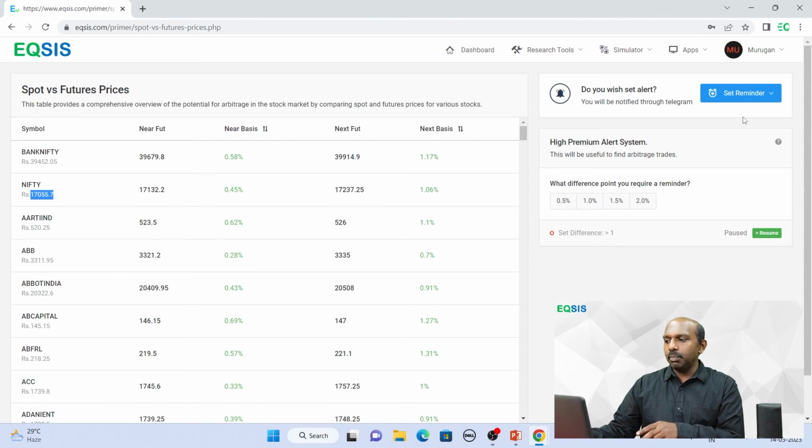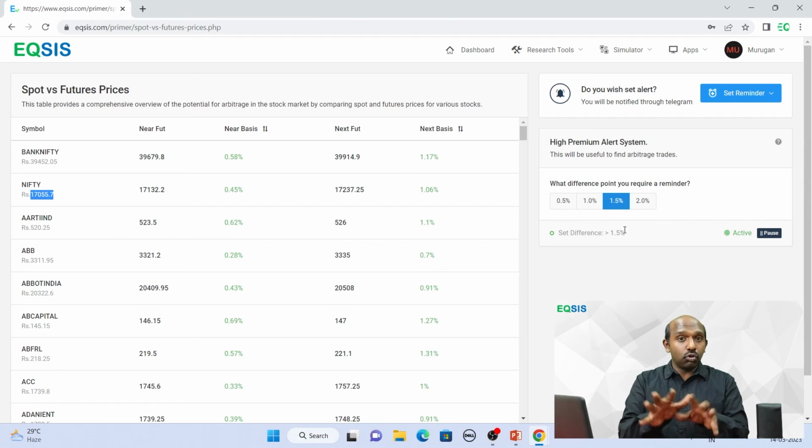If I set a high premium alert and indicate that I want to be reminded if the percentage difference is more than 1.5%, then this platform behind the screen looks for any tradable opportunity where the future price is greater than the spot price by 1.5%. Since I set this reminder, I will get this option.